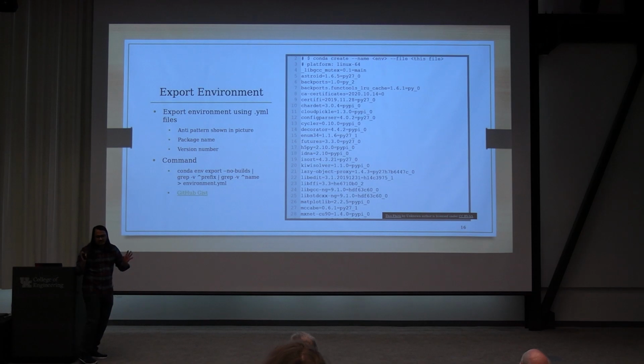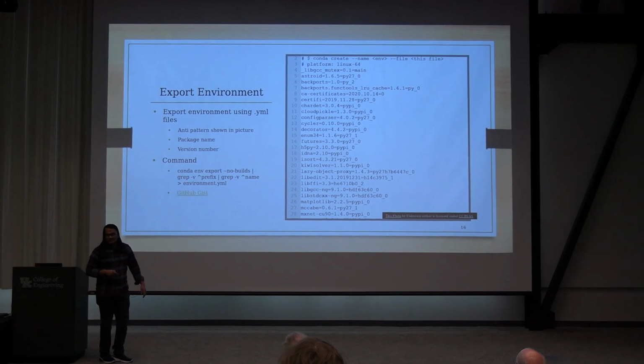After searching in Google for a long time, I found out a way to get rid of those, and that is using this command over here, where you say no builds. These are actually build version numbers or build hash characters. You don't want that to be part of your export, and then you do some grep to remove some other extra things as well.